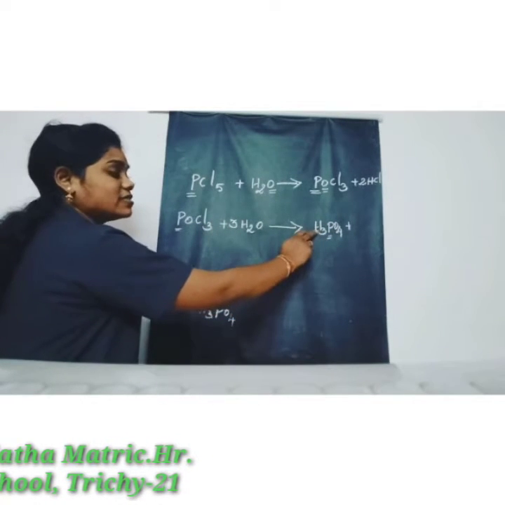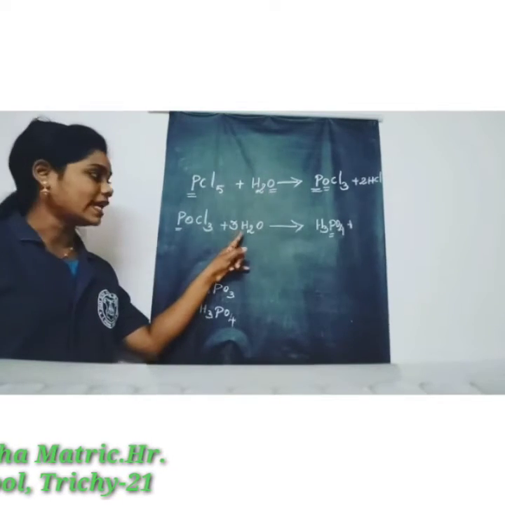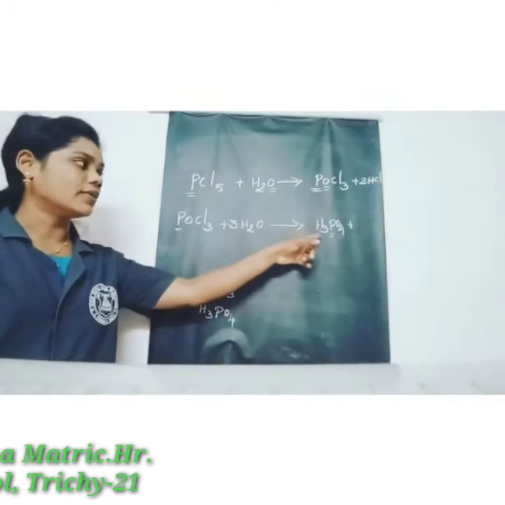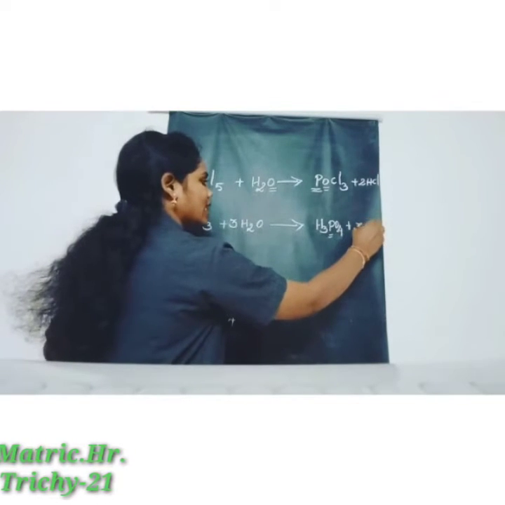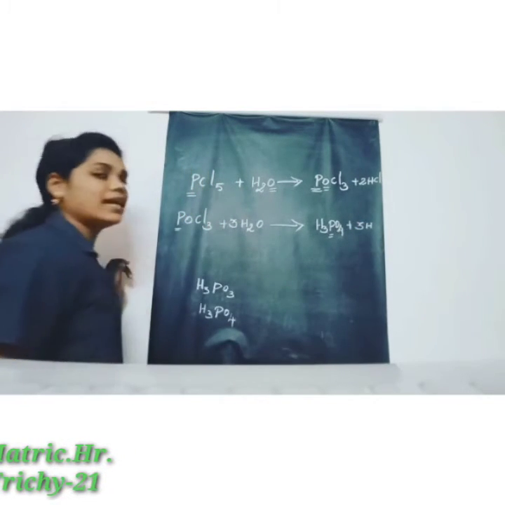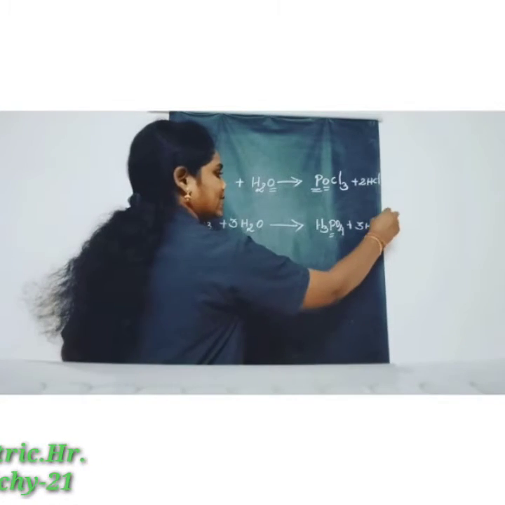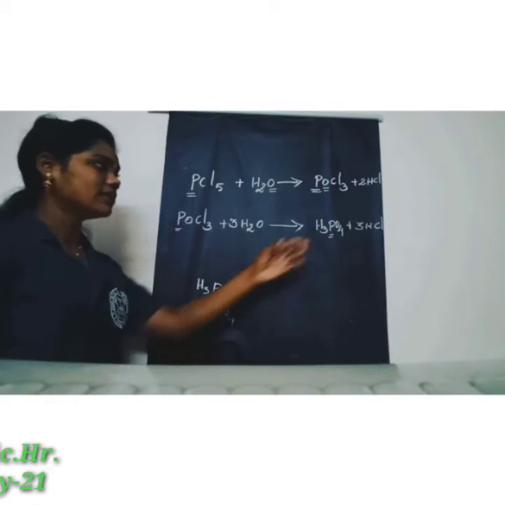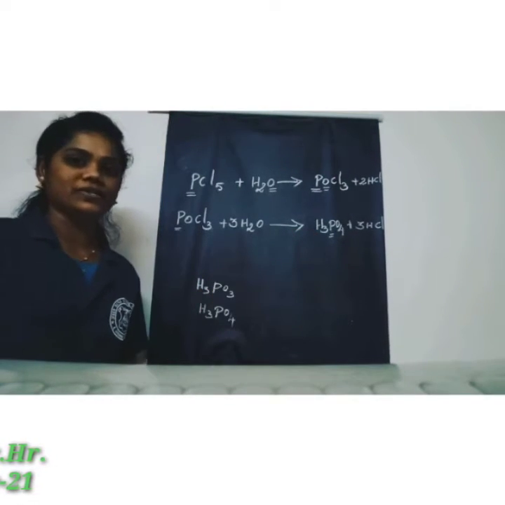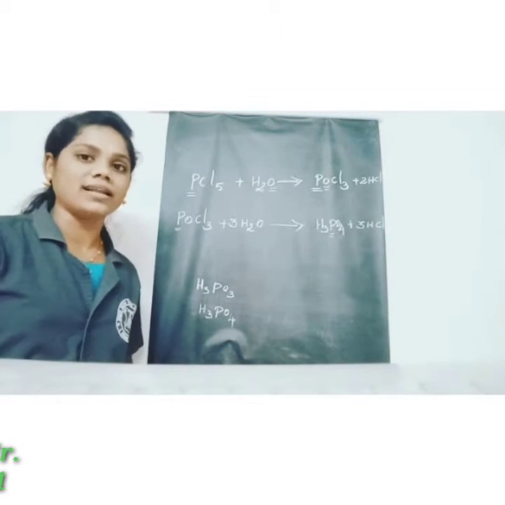And next one hydrogen here 3 times. But here hydrogen 3 twos are 6. Here only 3. So remaining hydrogen is 3 times of hydrogen. And then chlorine. Here chlorine 3 times, so 3 times of HCl. So this is the second equation, the formation of orthophosphoric acid. Here the formation of phosphoryl chloride.